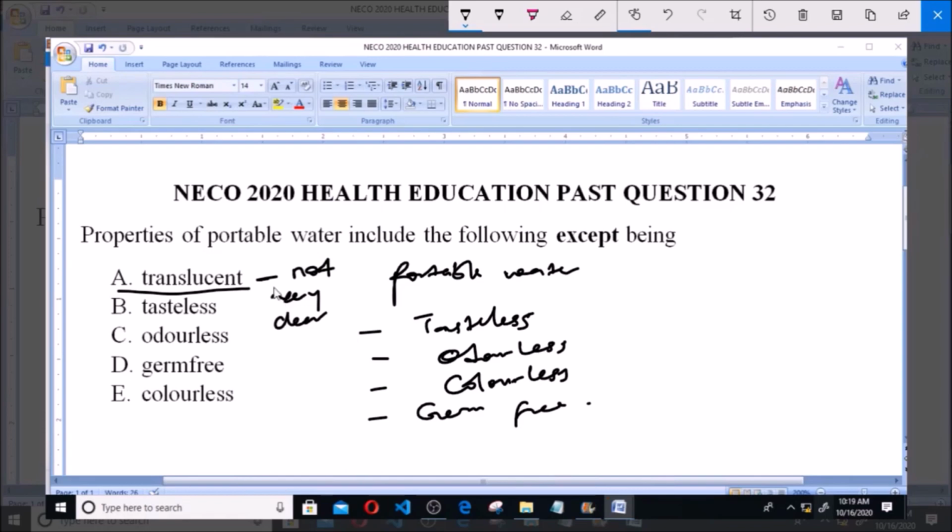Therefore translucence is not a property of potable water, because potable water should allow light to pass through it, since potable water is very clear. Translucent means not very clear, so it is not a property of potable water, thereby making it the correct answer to this question.